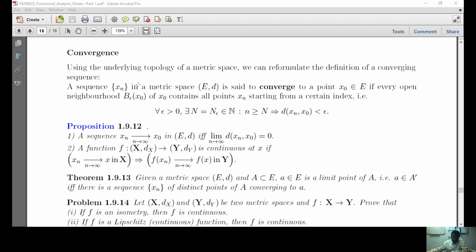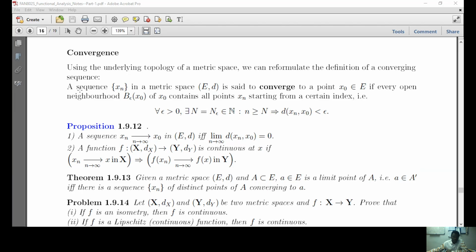Okay, convergence. Now that we are dealing with metric spaces, you can see how we define the convergent sequence in terms of the distance. Using the underlying topology of a metric space, we can reformulate the definition of a converging sequence.